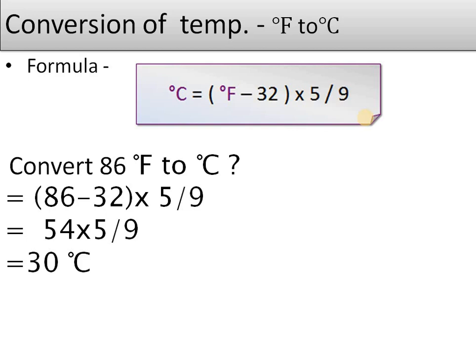We just substitute the value: 86 minus 32. After that, multiply the answer by 5, and then divide it by 9. We get 30 degrees Celsius as the answer. This is a very simple method: you just subtract, then multiply and divide by 9.